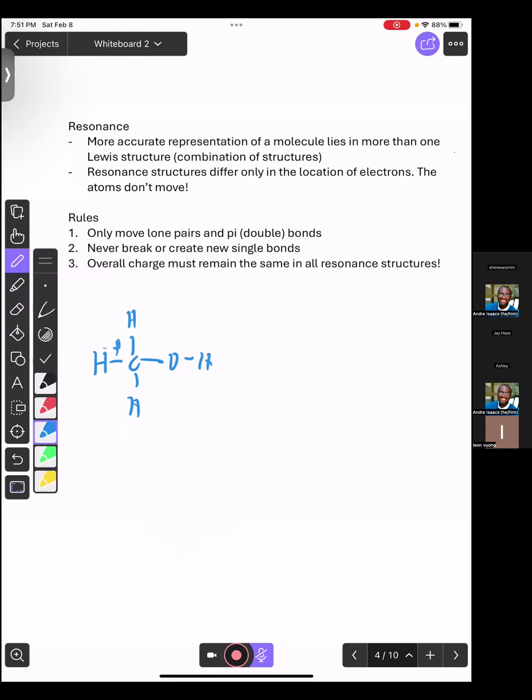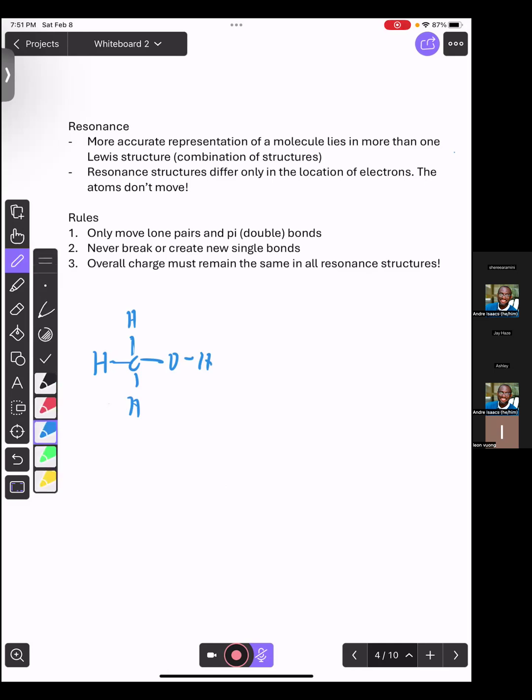And so we never move single bonds when we're trying to show electrons moving through a structure. You only move double bonds and lone pairs, but we never break single bonds or create new single bonds. And the final thing is, the overall charge must remain the same in one structure compared to the other.